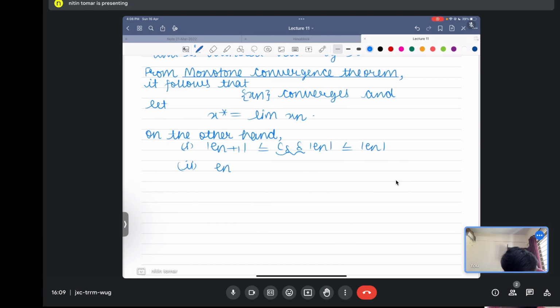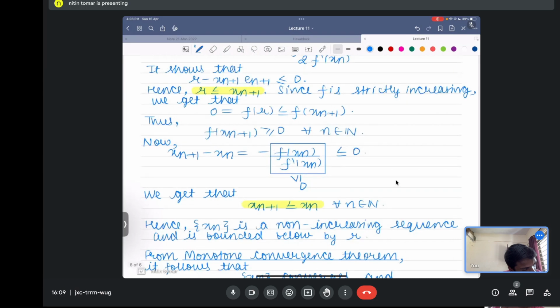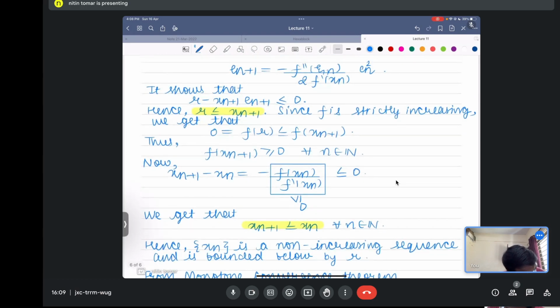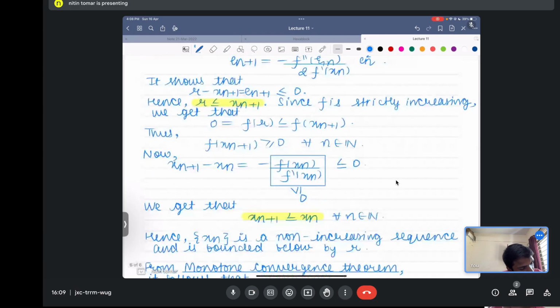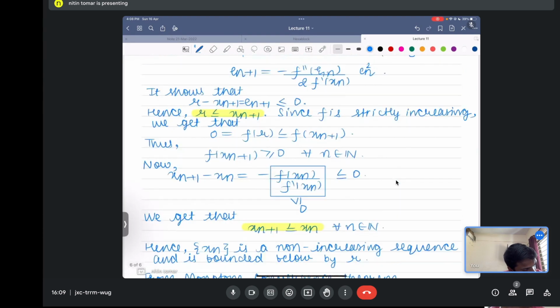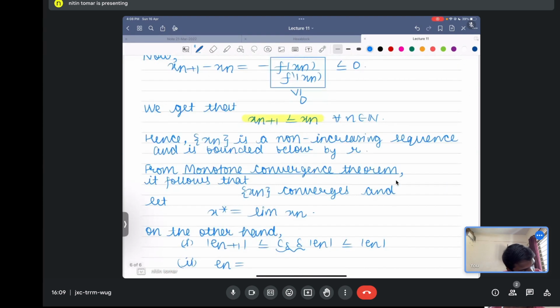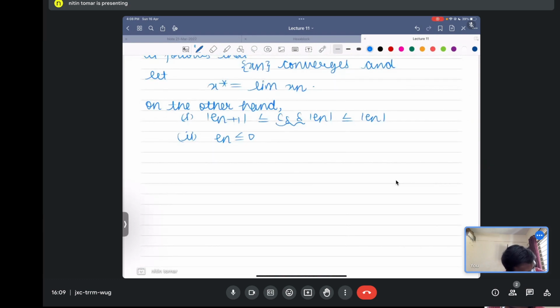What is En? En is actually equal to... so En is negative, so these two imply that En is less than or equal to En plus 1, and we know that this is bounded above by 0, right?